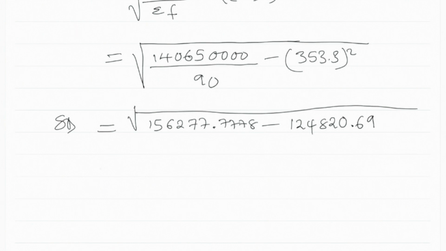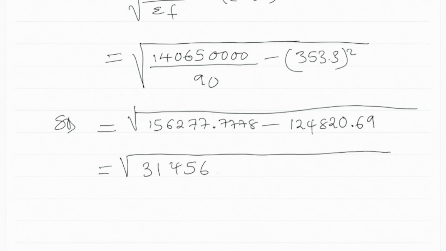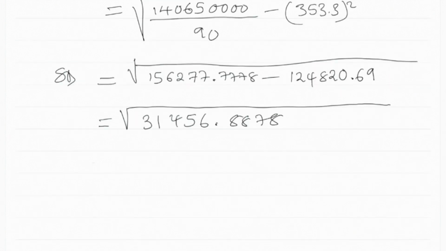Don't be bothered by the numbers. You just use the calculator. You don't need to be disturbed by these big numbers. Then when you do the simplification there, you are going to have 31,456.8878.